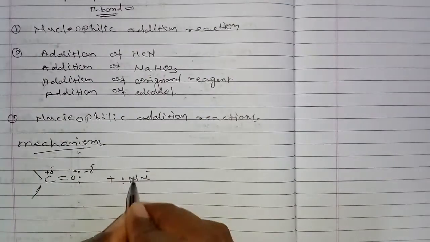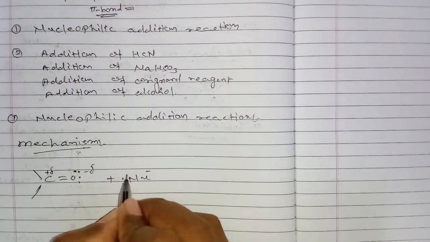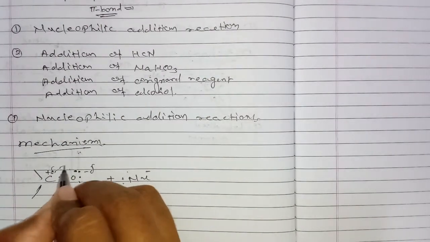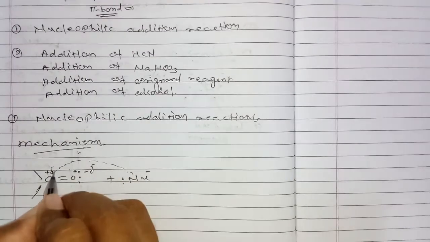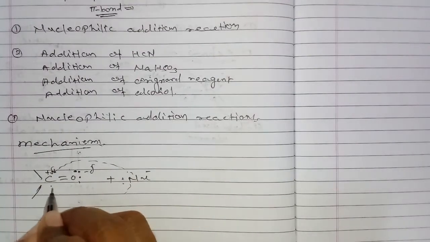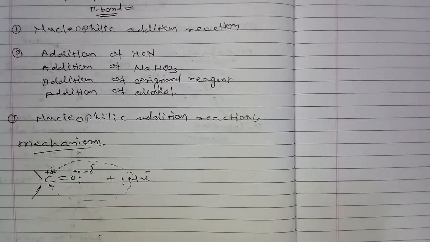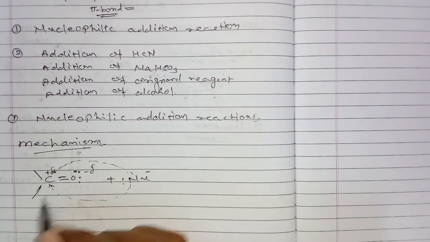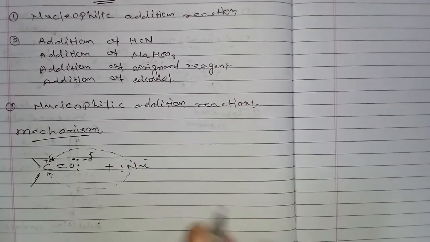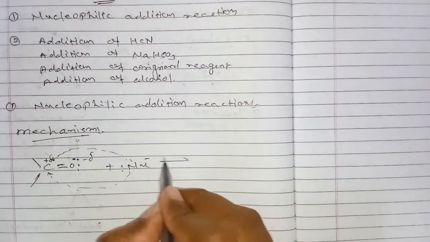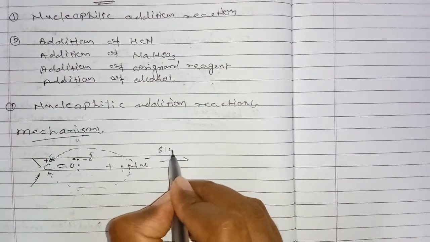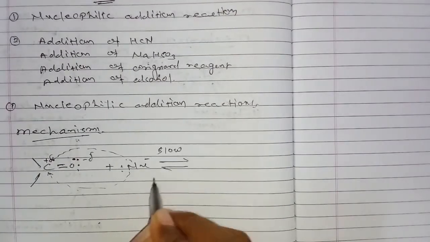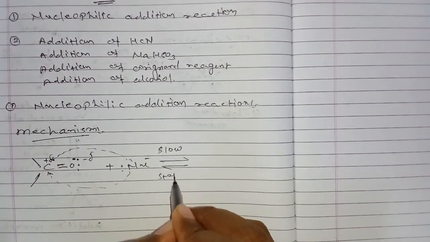The nucleophile will attack either on the upper side or the lower side on the carbon atom of the carbonyl group. This is the slow rate-determining step. It is a reversible reaction.